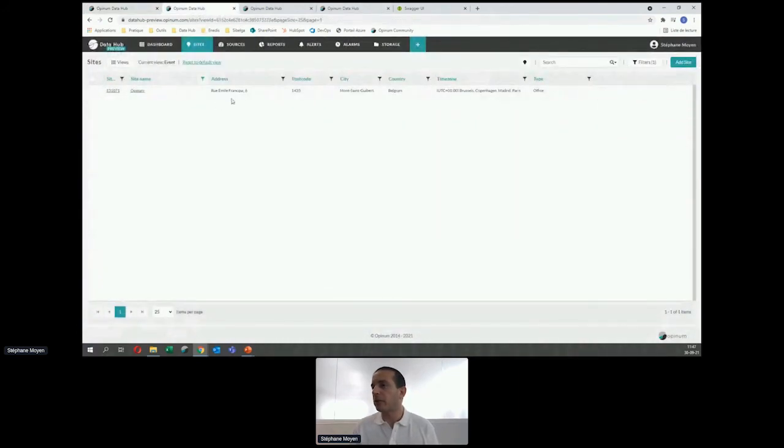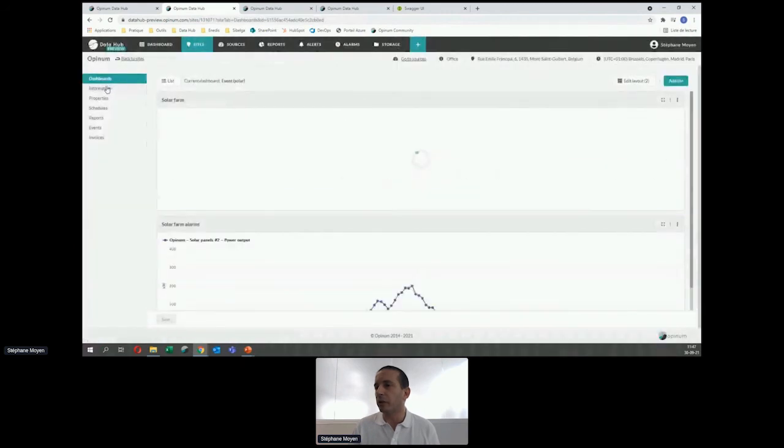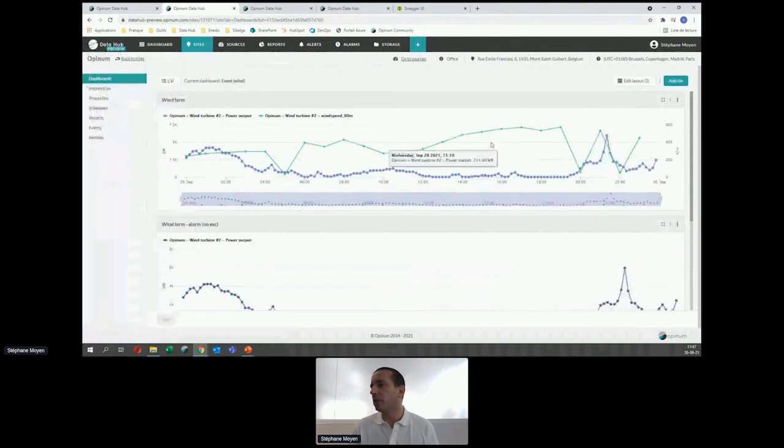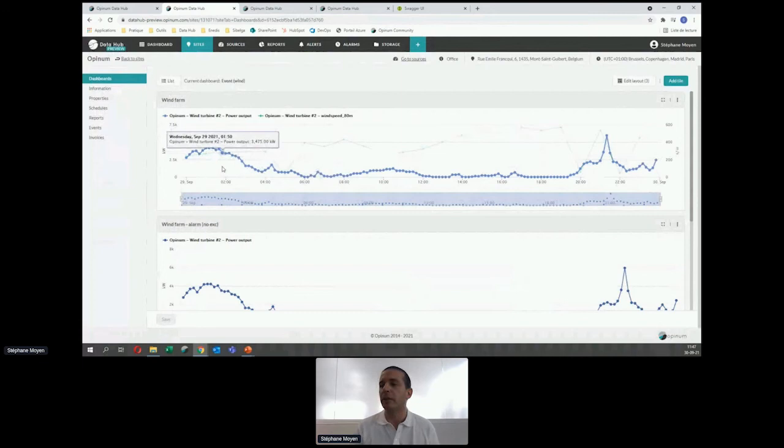I have here set up a site. So let's say we at Opinum have a wind turbine, and we are going to monitor it. I have already input some data points here, and I'm going to simulate again the acquisition of the data points. In blue, you have the output power of my wind turbine, and in green, you have the wind speed that is monitored at the same time.